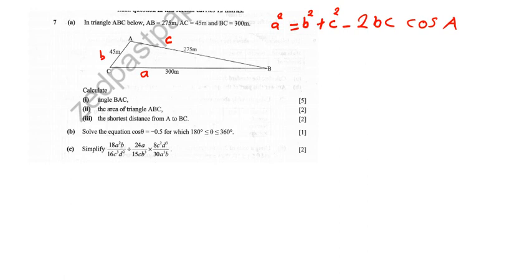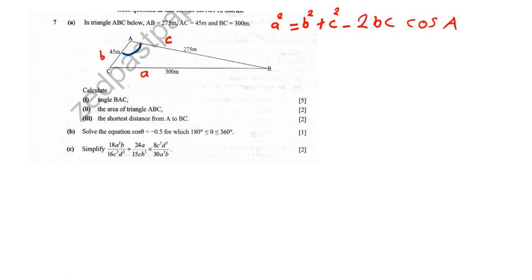So where we have a, we'll be substituting 300. Where we have b, we'll be substituting 75. Where we have c, we'll be substituting 275. And our angle of interest, it is angle A.